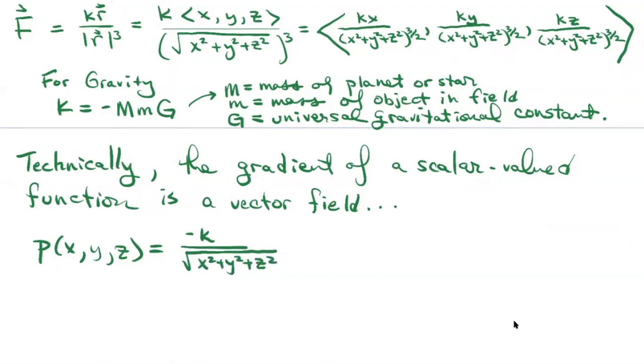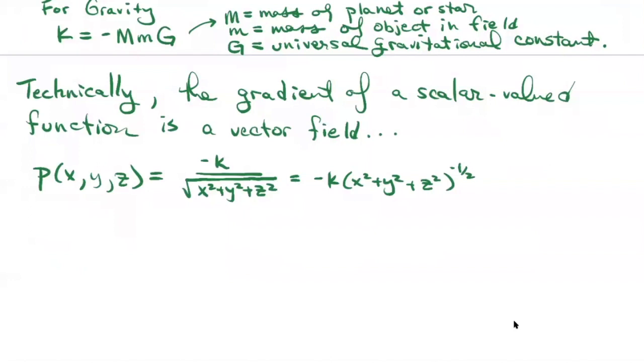Okay. That's horrible. And maybe if you felt like it, you could say this is negative K times x squared plus y squared plus z squared to the negative 1/2, my bad.